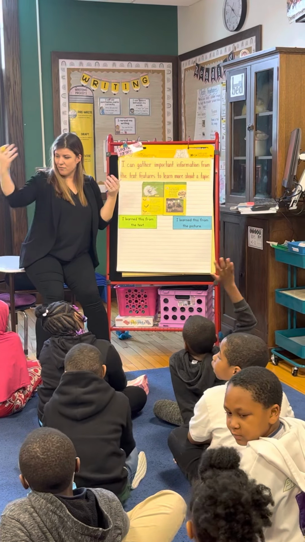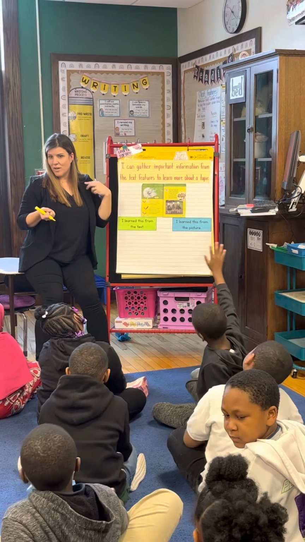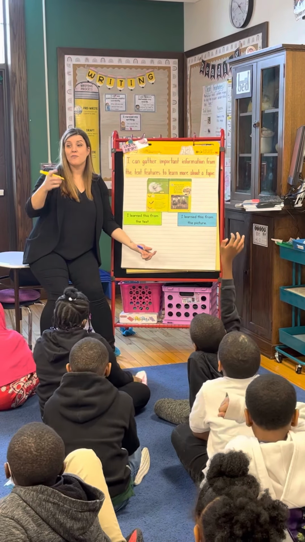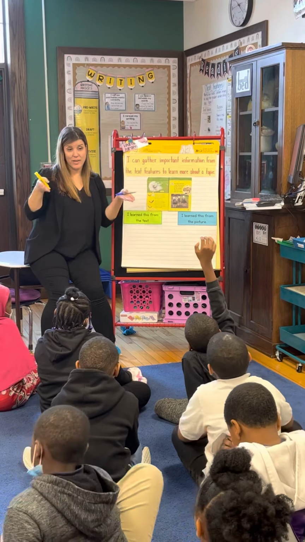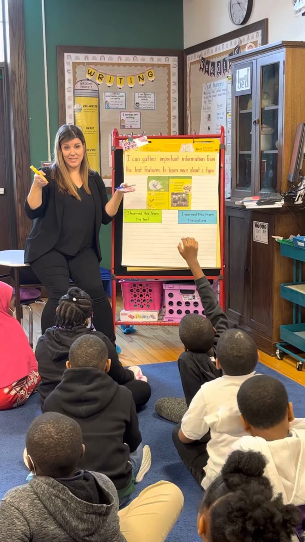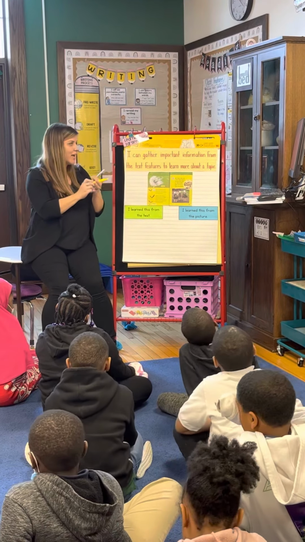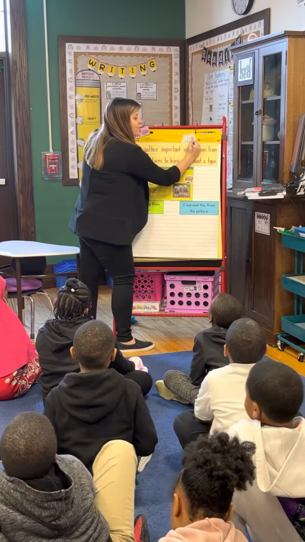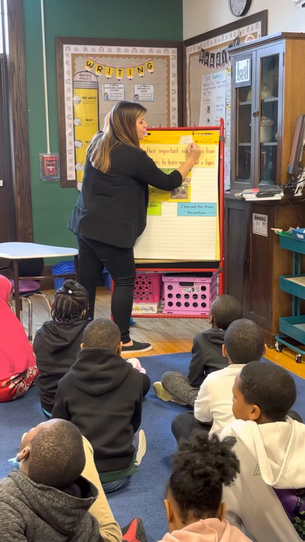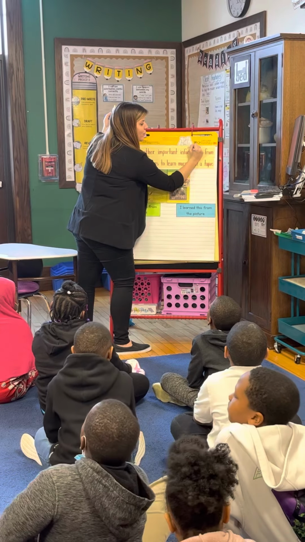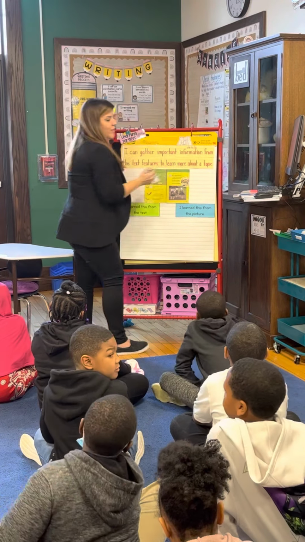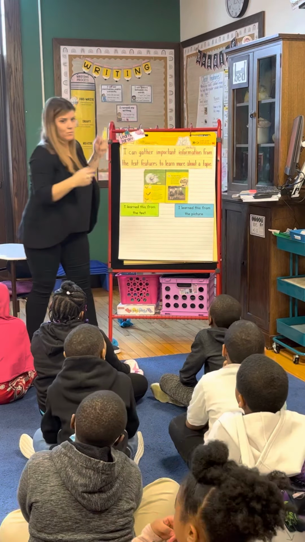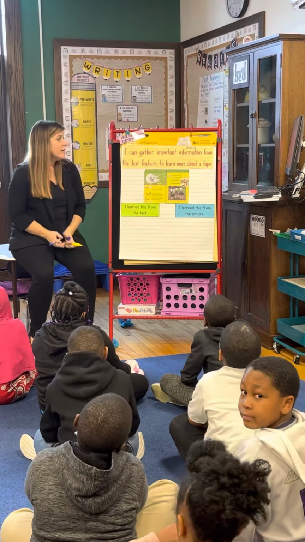Information means, like if you have your main idea, well, for the topic, we have our topic, and then what do we have? Our details, okay? So when we say I can gather, I can take or find important information, or I'm going to put details right here, okay? Because that's that important information that we want to know about the topic we're learning about, okay?